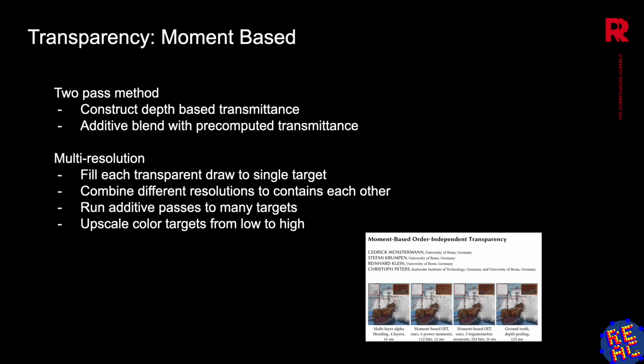Supporting correct transmittance with multi-resolution rendering means that we first fill each transparent core to a single transmittance target and then combine all the resolutions together. After the combining pass, all the resolutions must contain transmittance from all the geometry.